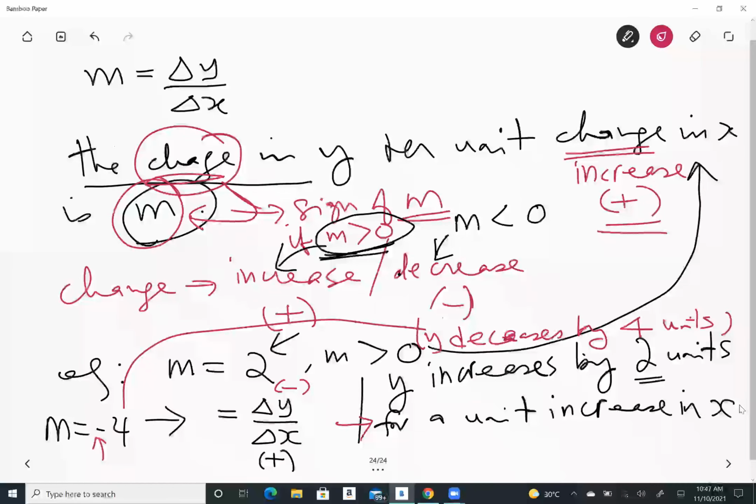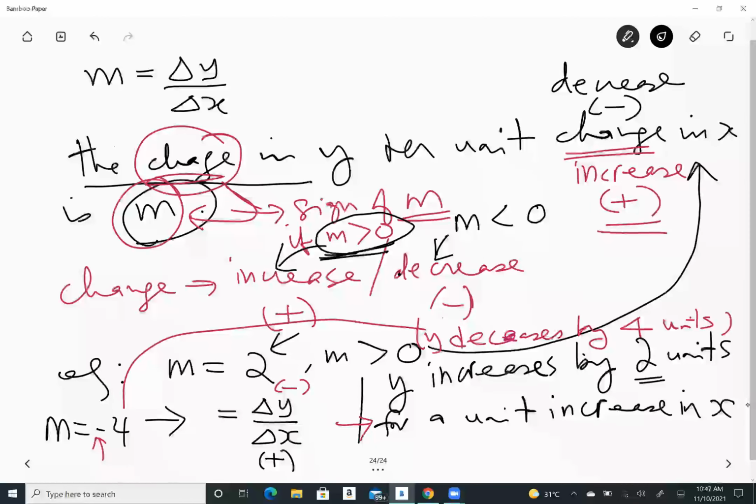Now, I started with an increase in X. X can also decrease. Now let's say we start with a decrease in X. That means X will be decreasing by a unit. So X decreases by 1 unit.